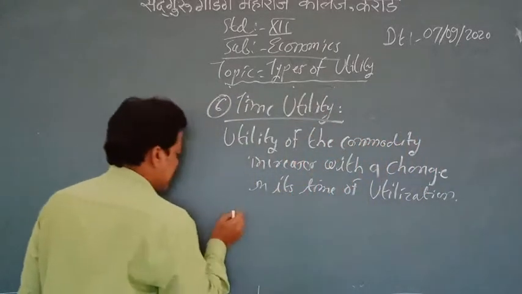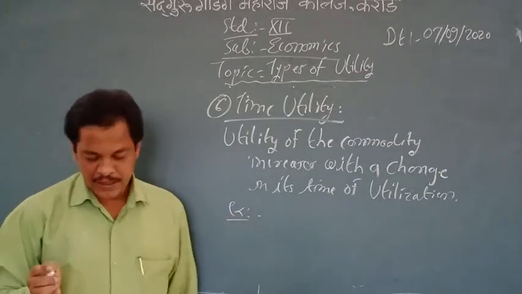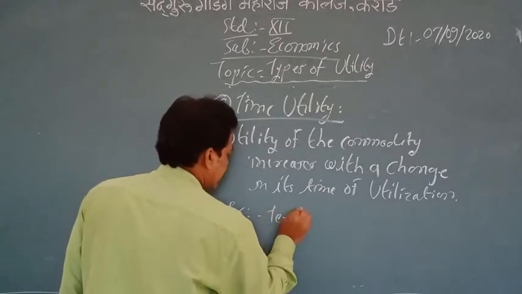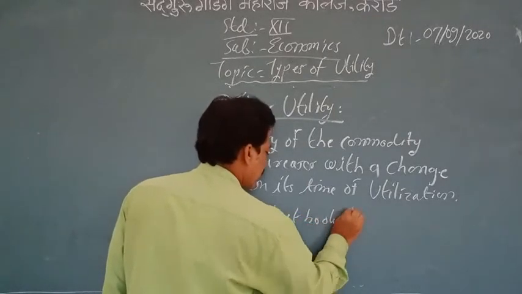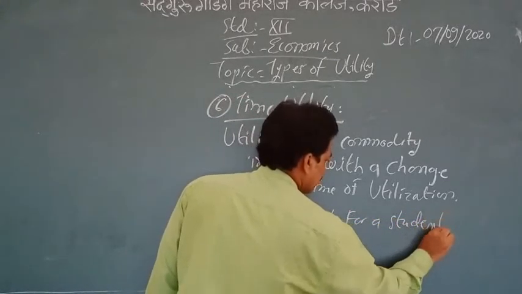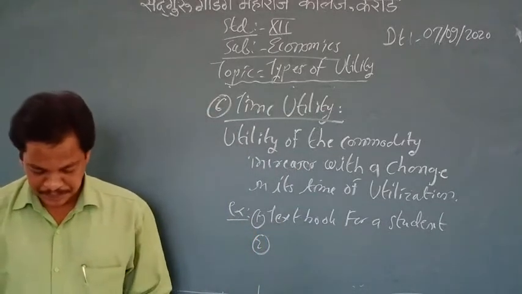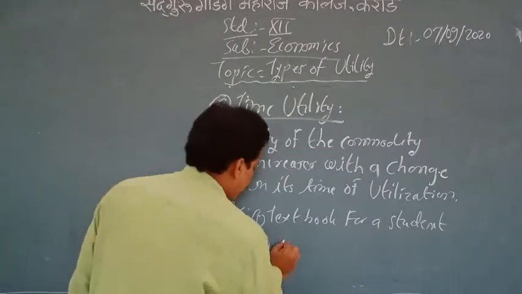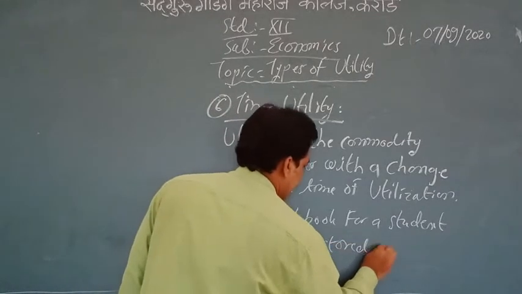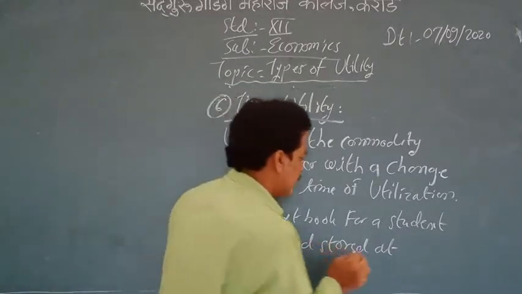Now see, I will give you examples and then I will discuss all these points. For example, a textbook for a student. Second example, goods stored at a time of scarcity.